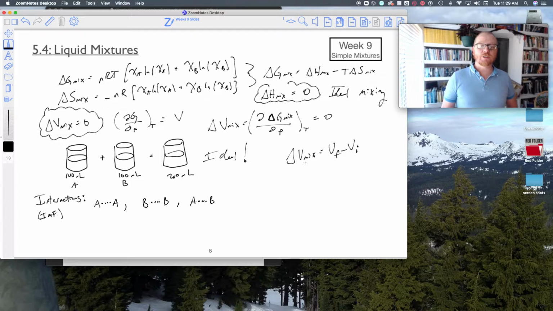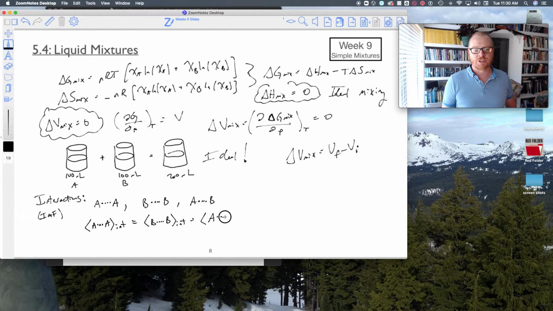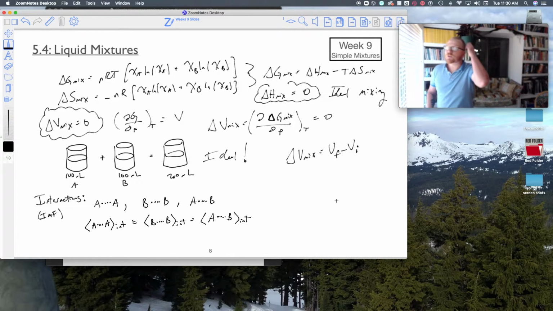And so for ideal solutions, all of these interactions will be equal. So I will say the average A to A interaction is going to be roughly equal to the average interaction between B and B, which is going to be roughly equal to the average interaction between A and B. So for example, suppose all of these interactions are hydrogen bonds.